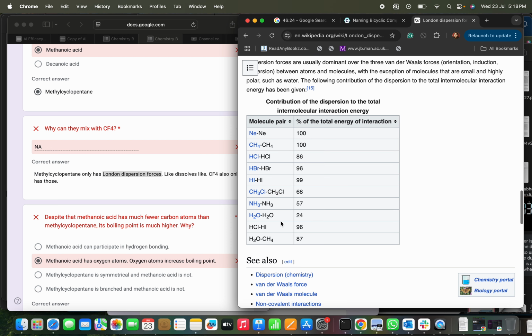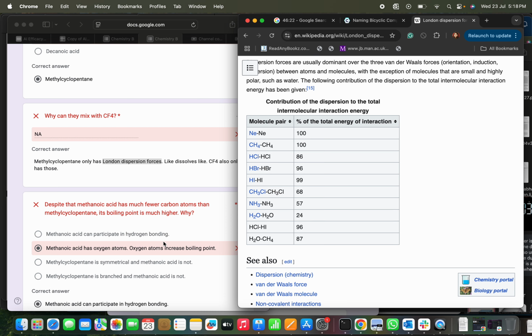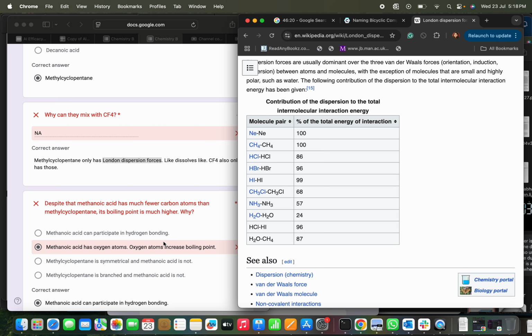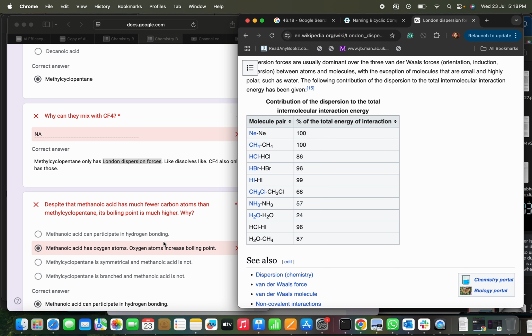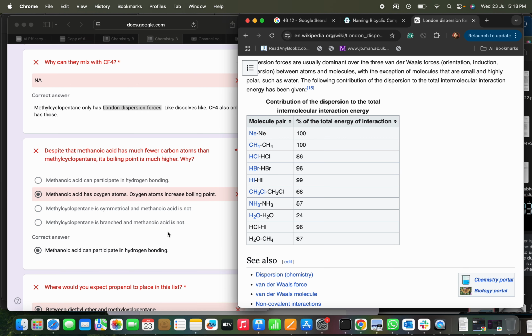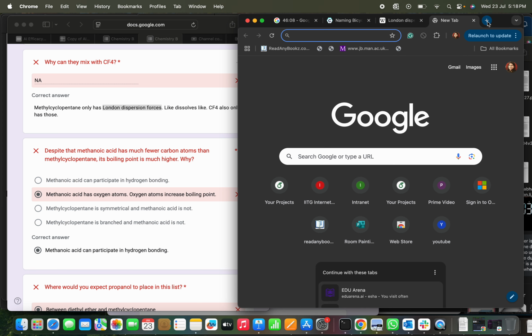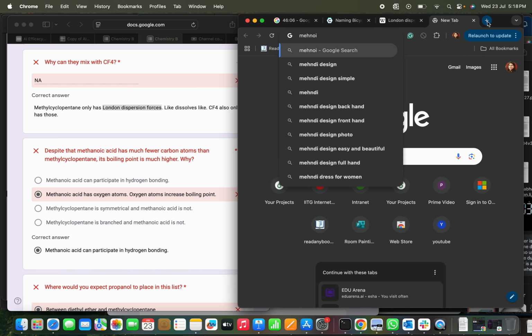Alright, so I can see that if a molecule has these bonds, Cl, bromine, or some kind of bonds, those can. But what's so special about methanoic acid? This OH bond, methanoic acid.